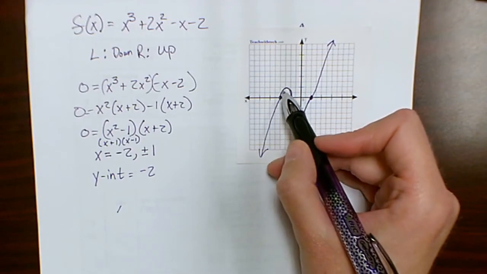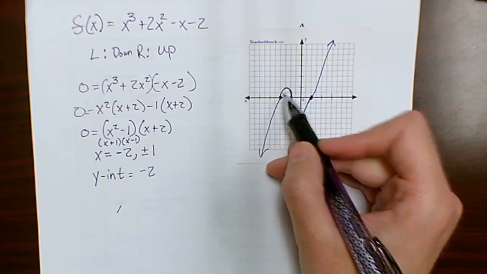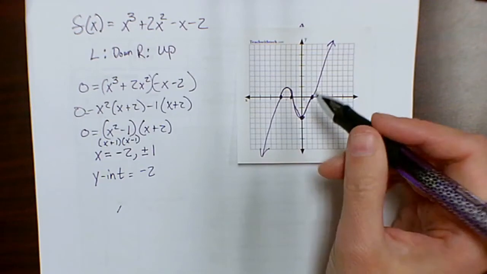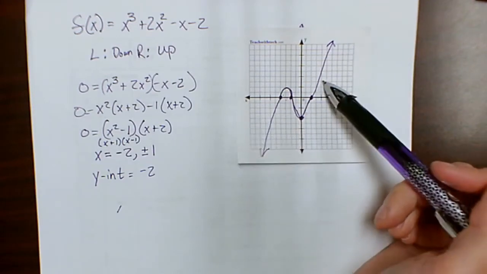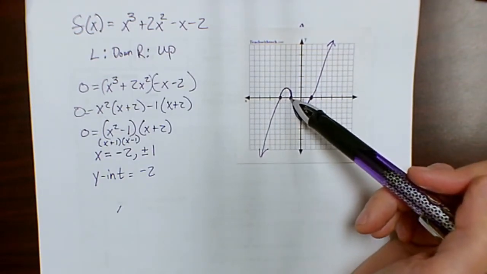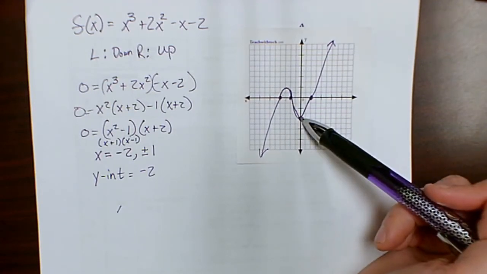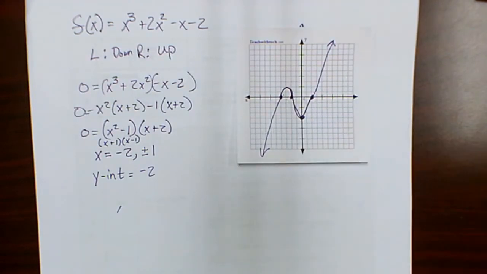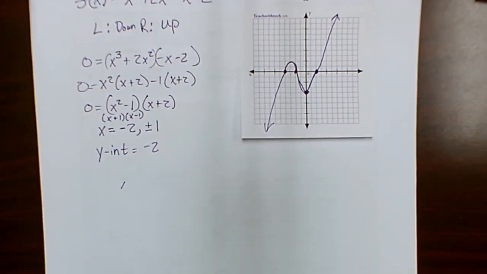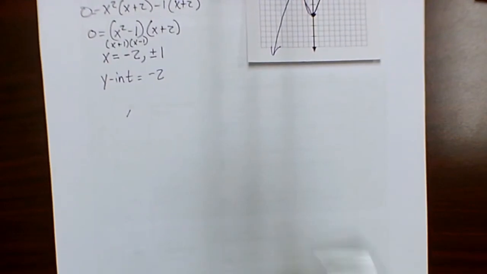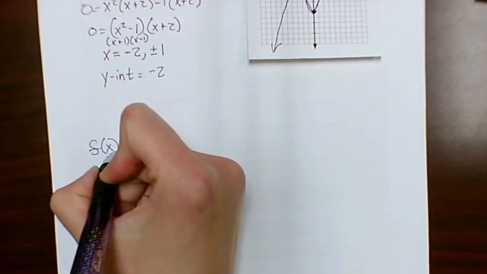So this probably didn't need to be so arced, but we're just sketching the graph. So what we're looking for are the end behaviors, the intersections, or the x-intercepts and the y-intercept, and then the multiplicities. And I'll show you those. So let's sketch another graph.